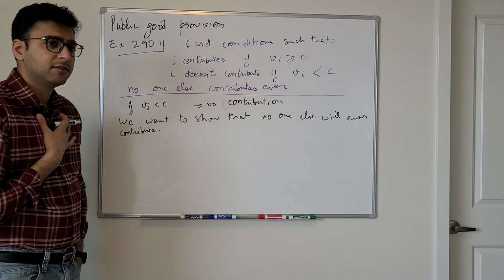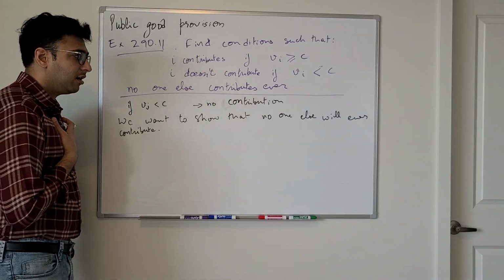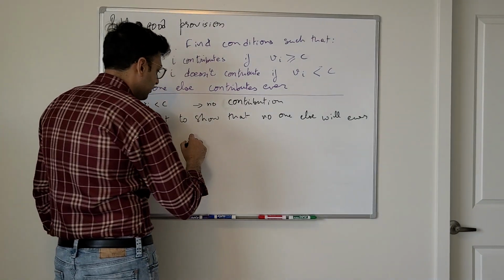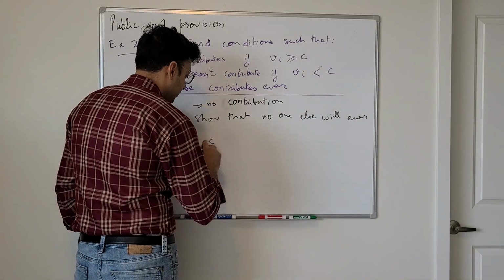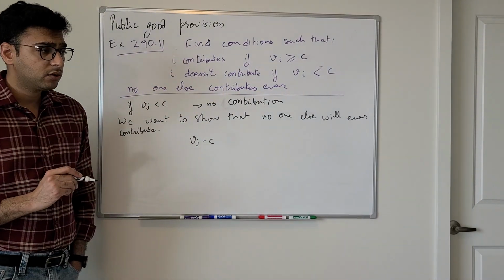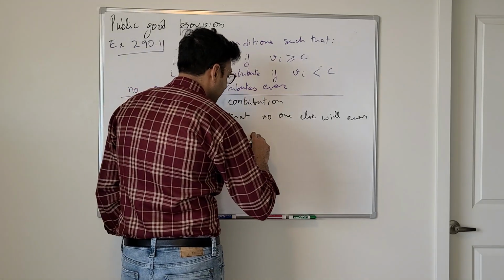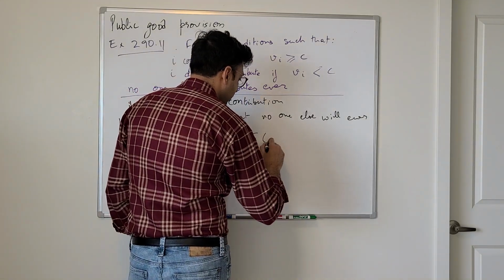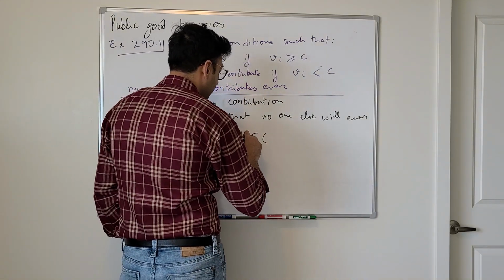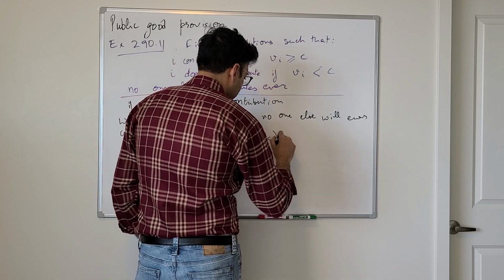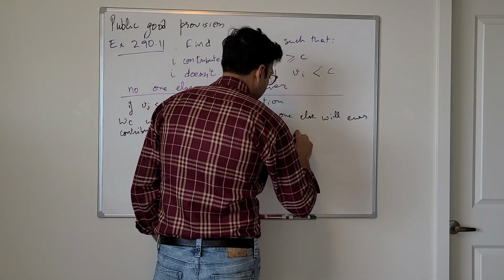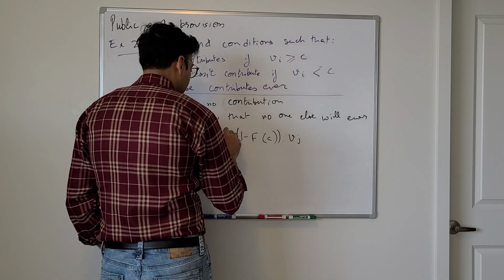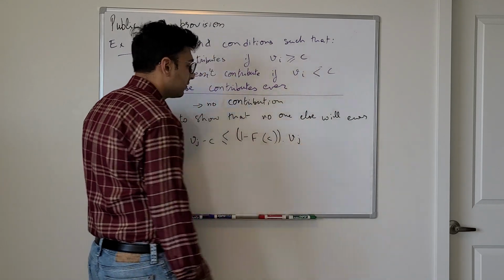So as player J, as a player other than player I, if I contribute, I get Vj minus C. If I don't contribute, I get 1 minus f of C times Vj. And I want this right-hand side to be greater.